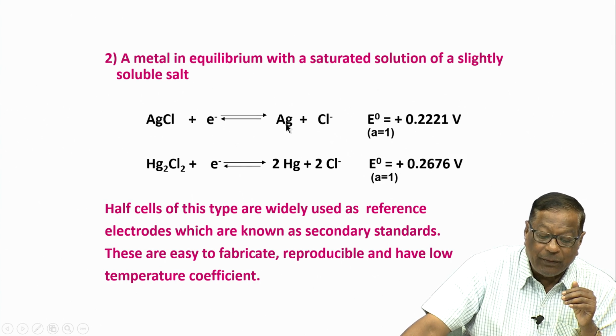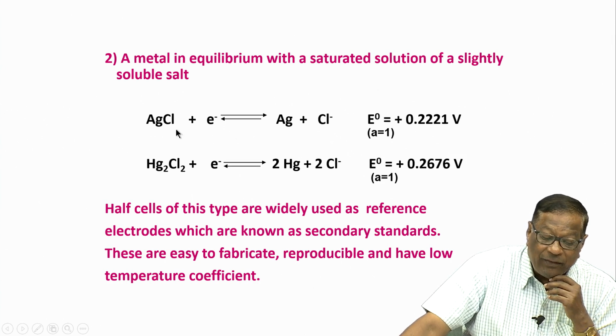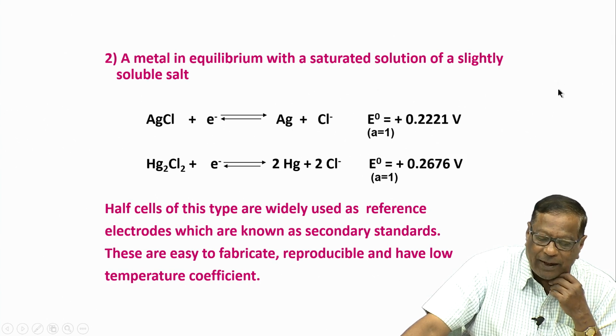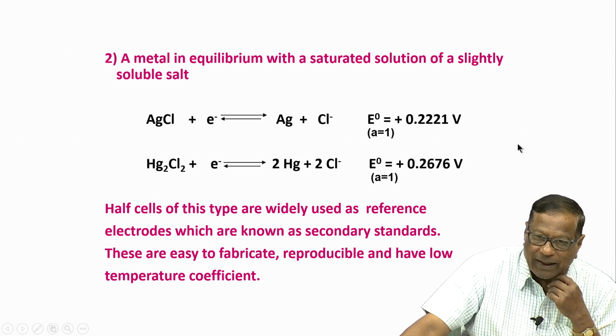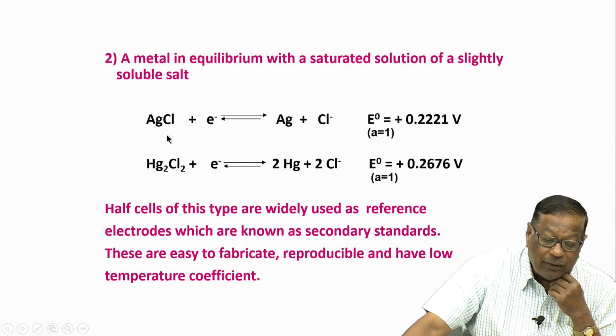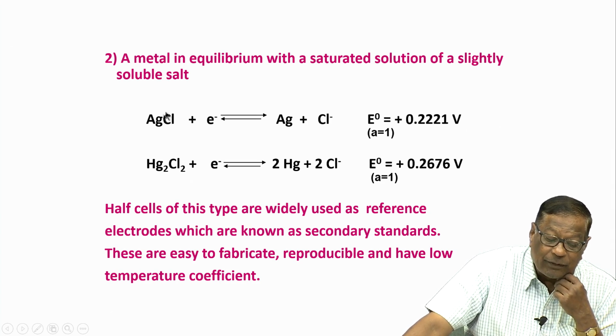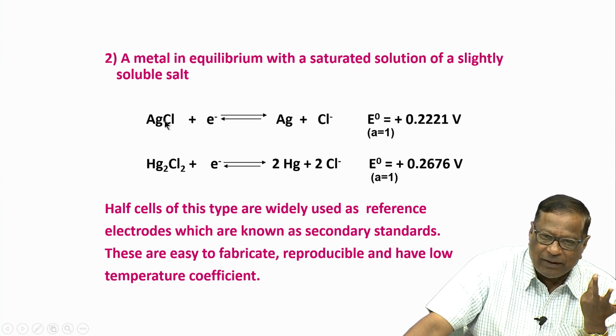In this case again it is connected to the standard hydrogen electrode, that I am not writing here. So, what is the reaction now? I have silver chloride salt that can pick up an electron. This AgCl will give you Ag+ and Cl minus.